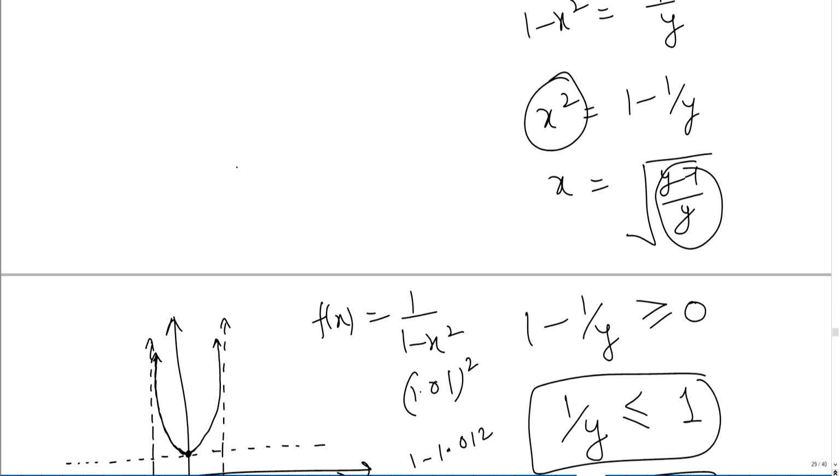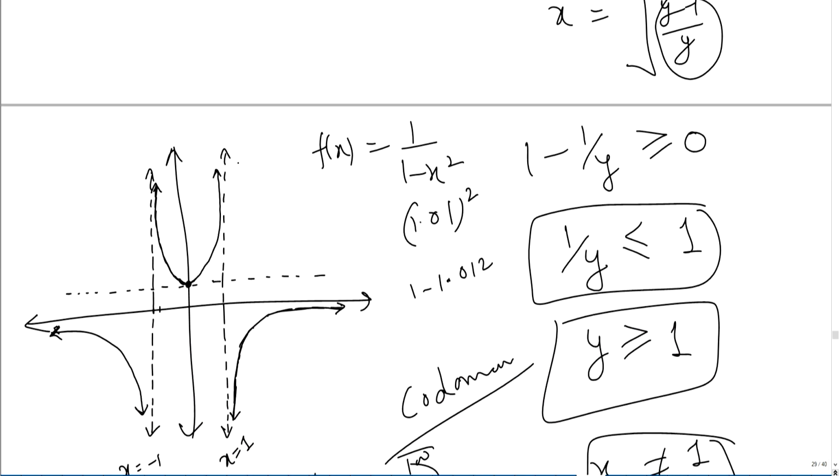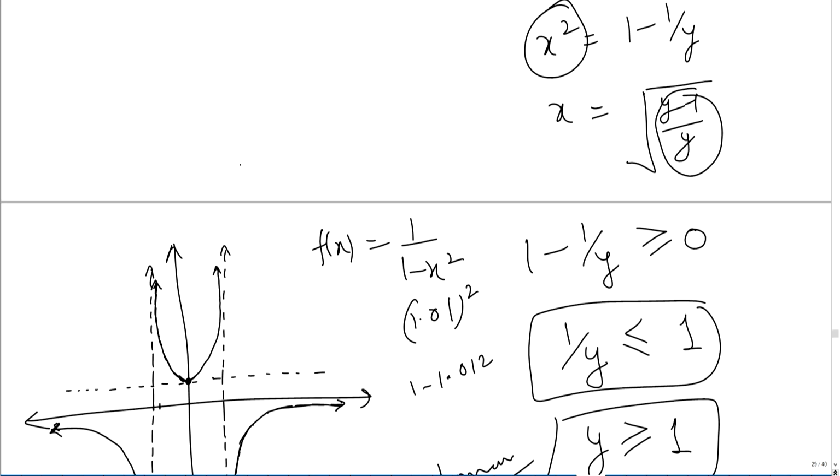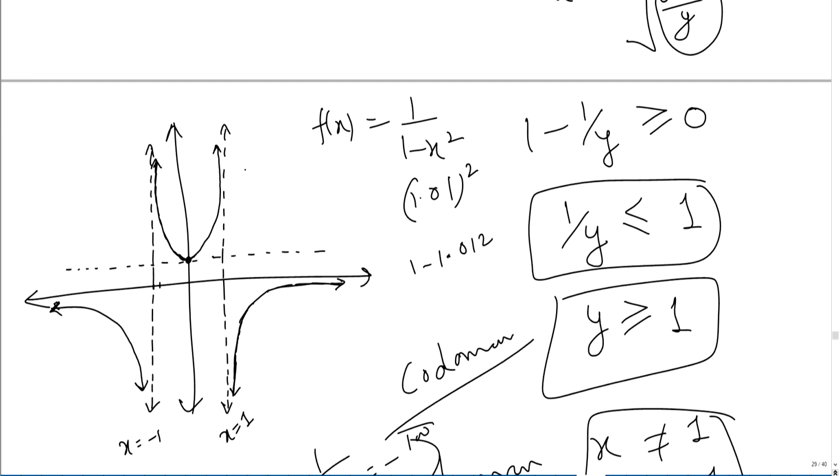Okay, 1 minus 1 by y has to be greater than or equal to 0, because x square can never be negative. So in what ways would this term be greater than or equal to 0? So if y is greater than 1, then always this would be.